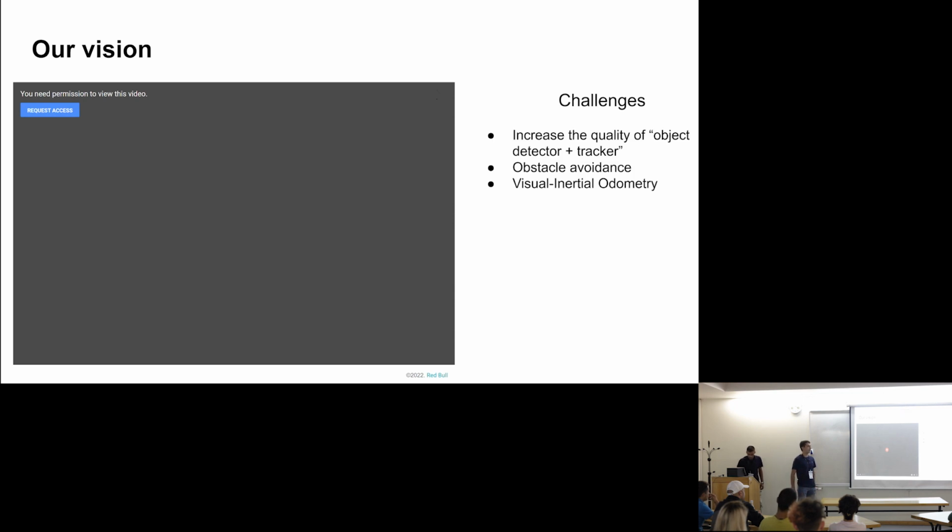We need to add other parts. We need to add obstacle avoidance models, we need to solve the visual inertial odometry task, and we need to get a better object detector and tracker. So that's all.